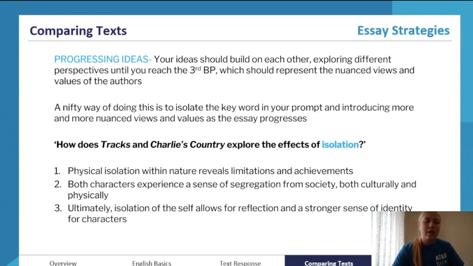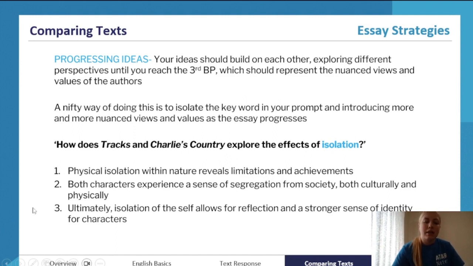We're not arguing with ourselves here yet because we wanted to establish different effects of isolation because this was important. But we had a broad argument around isolation, and then we have a more narrow one that's based around individuals and how they may feel segregated or rejected from society.